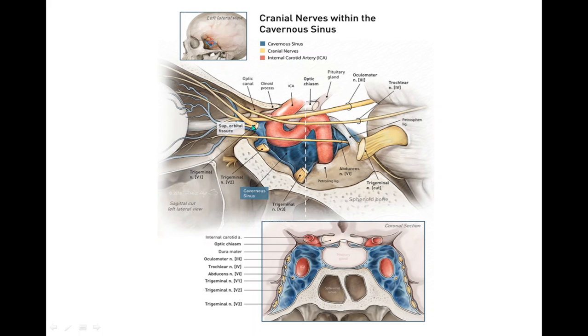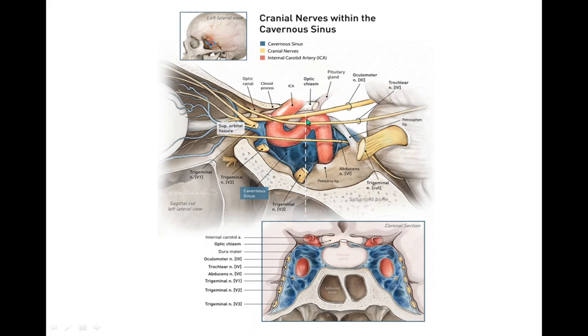V means the fifth, the Roman numeral V, the fifth nerve. So V1, we give ophthalmic the first number. V1 is the ophthalmic, V2 is the maxillary nerve, and V3 is the mandibular nerve. So these are the three.